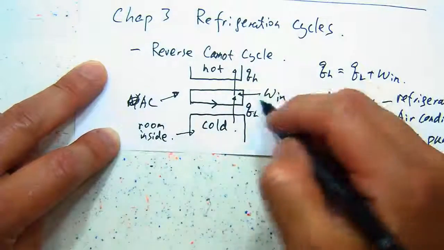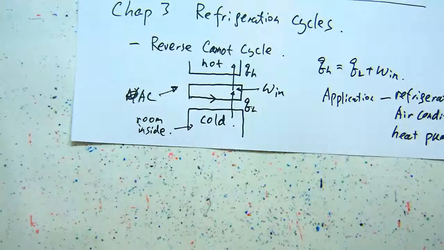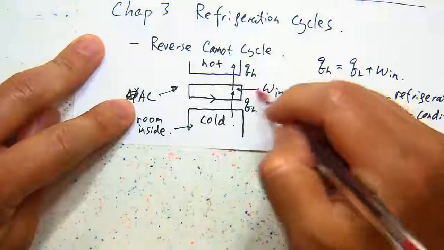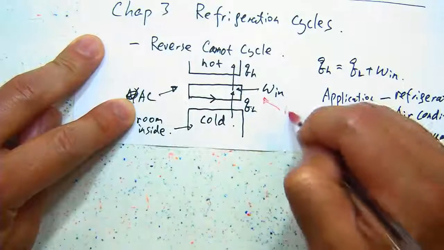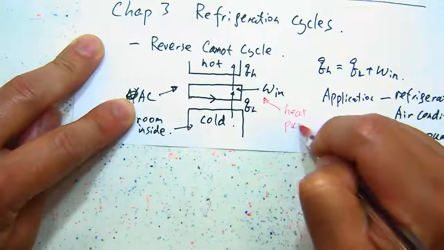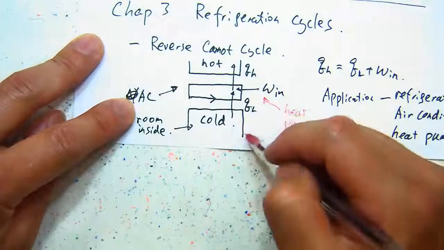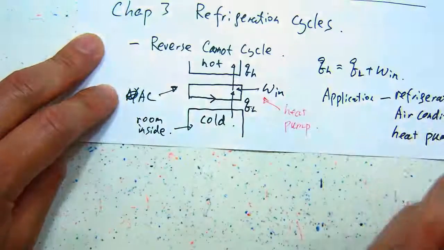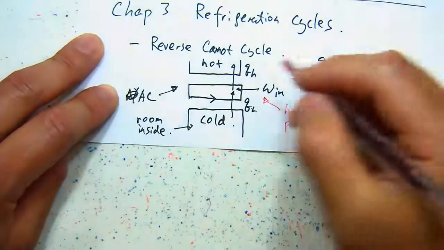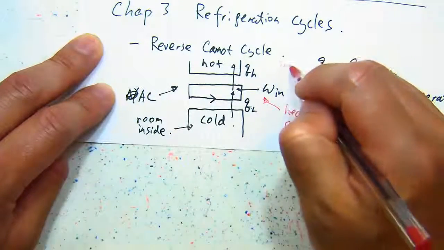And a heat pump is working on the same process, but it just switches the inside and outside. So if I have a heat pump, maybe I'm using the red one. So you can run the same device as a heat pump. But in that case, you want the cold place to stay cold and the hot place to be even warmer, right? So there, that's your inside.